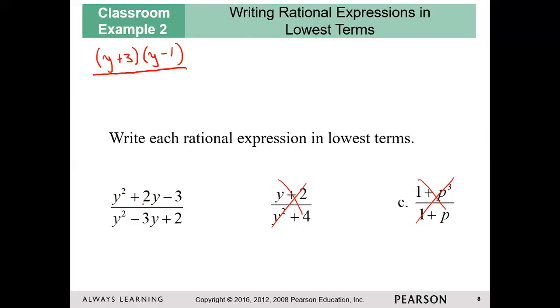So hopefully you guys have all studied enough where you are pros at factoring, especially when your a value is 1. And these are pretty small numbers. We should be able to factor those pretty effectively at this point. And then the bottom, so the denominator, is going to be y minus 2 and y minus 1, because again, we have a positive product and a negative sum, which means both of our factors have to be negative.